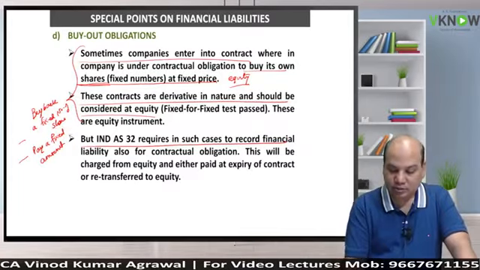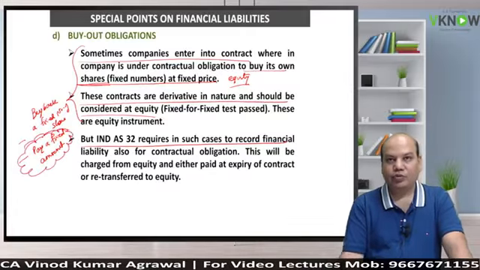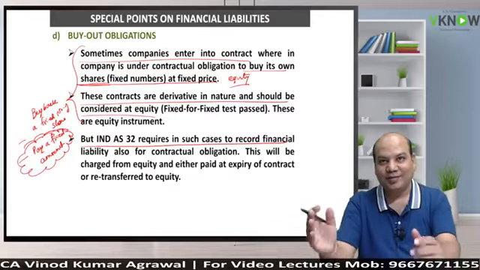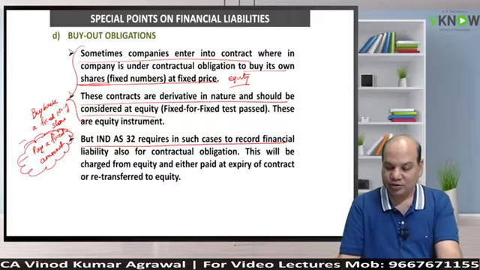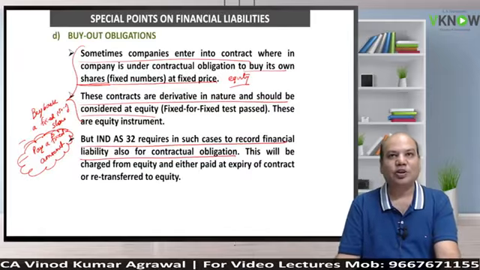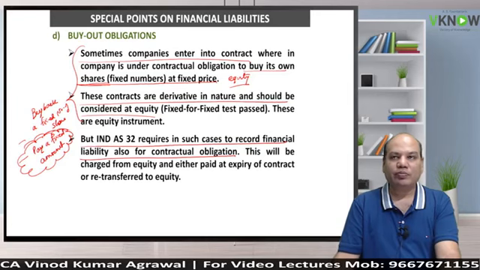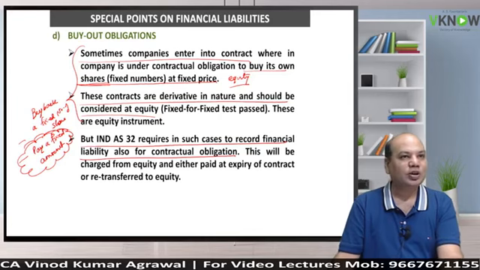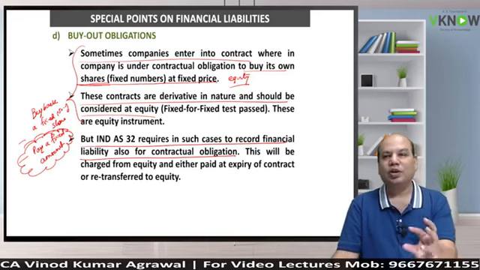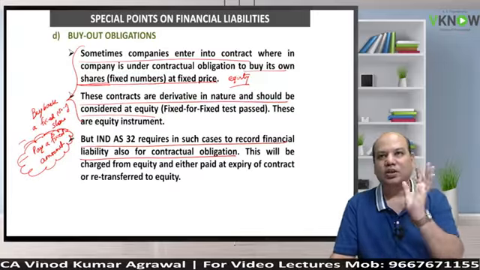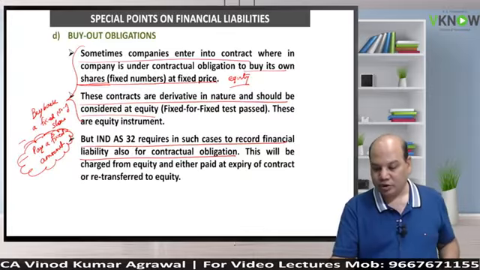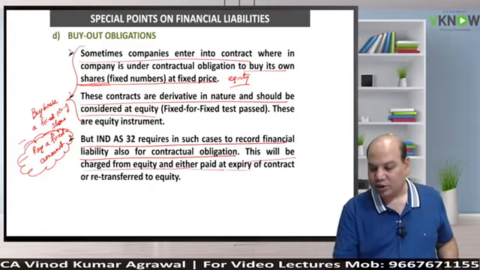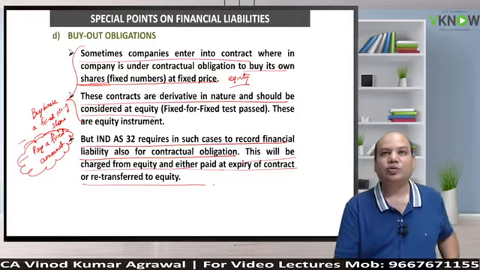But then at the same time, you have an obligation here. Can you see this? You have an obligation to pay a fixed amount of cash to buy back those shares. So the standard says bring that liability also in the books of account, because you have an obligation to pay cash at a future date. This will be charged from equity and either paid at expiry of the contract or retransferred to equity.